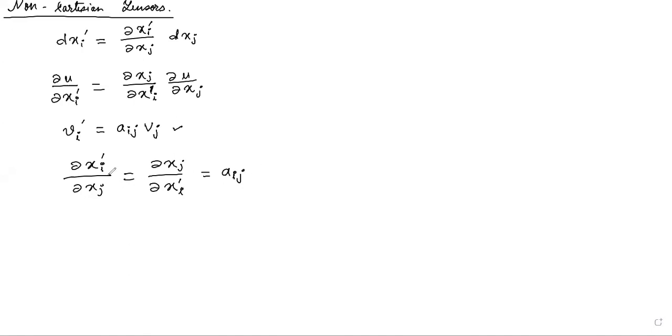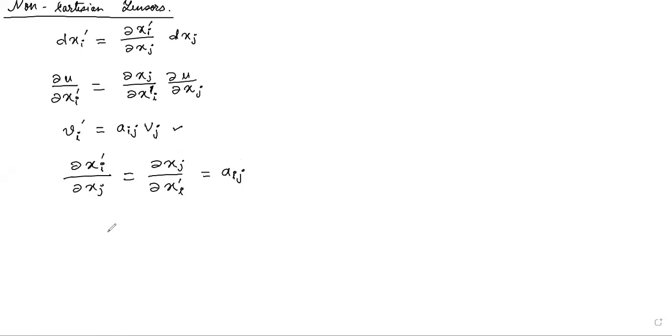Okay, because both these derivatives are simply equal to the cosine of the angle between the xi prime axis and the xj axis. So both these derivatives have the same value for Cartesian vectors.